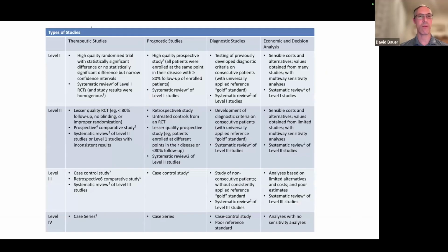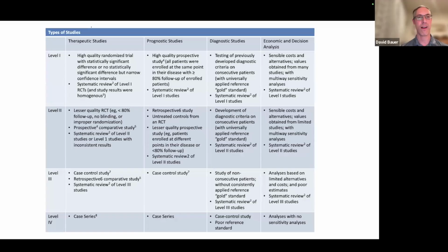When we did this, we evaluated the studies in this way. So there are level one, two, three, and four studies, and there are different types of studies. So therapeutic studies, this is treating a patient. Prognostic studies, so how well is a patient going to do? Diagnostic studies, how do we diagnose the problem?